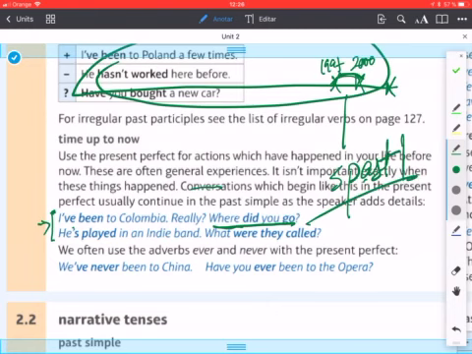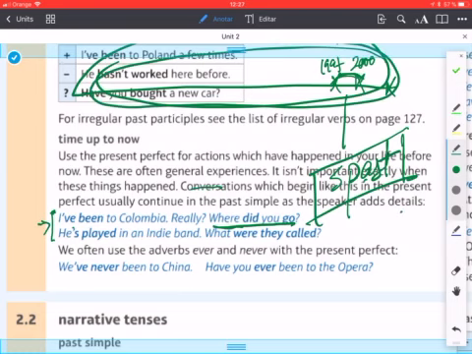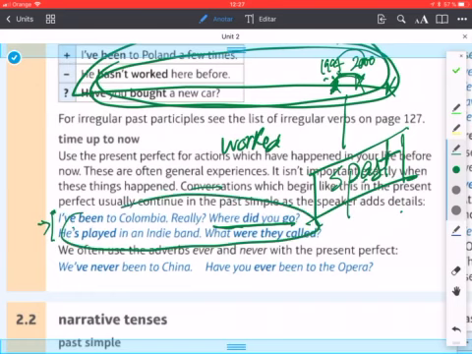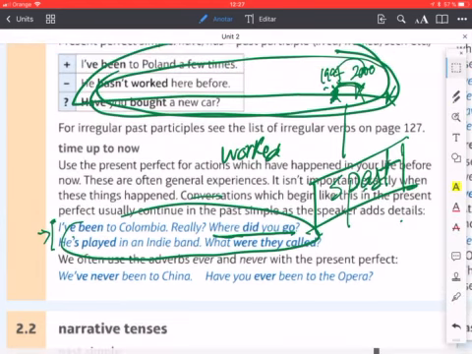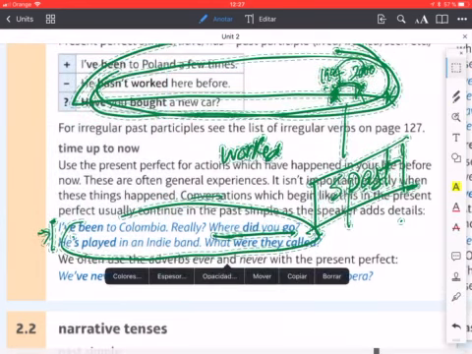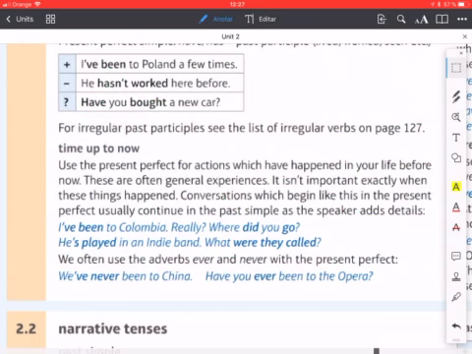Simple past when you expand on the details. I have worked in Cuba. When? I worked, okay, simple past, from 1997 to the year 2000. Okay, that would be the idea, what they are trying to convey here. Okay, let's keep on moving.